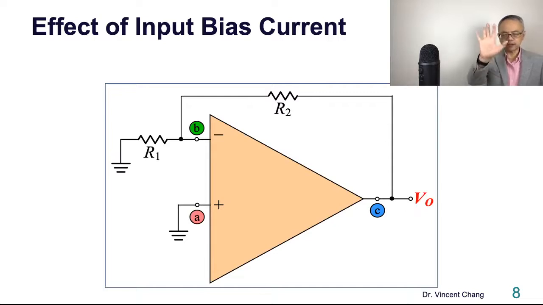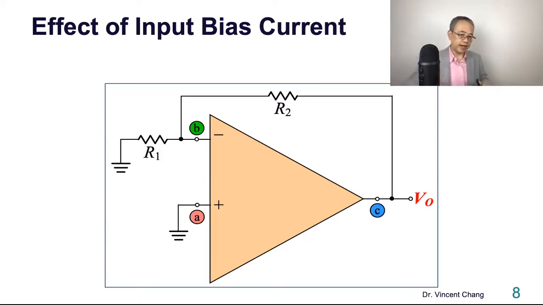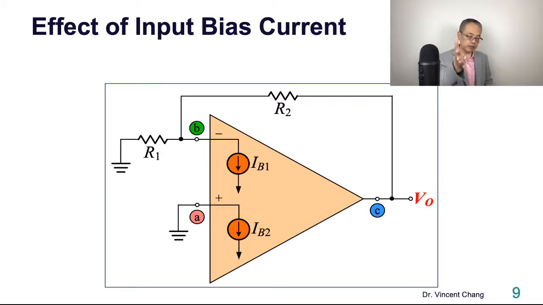Let's again consider a non-inverting amplifier, and now let's replace the op-amp with the input bias current model. Just plug in two current sources to represent that the input bias current issue is considered.